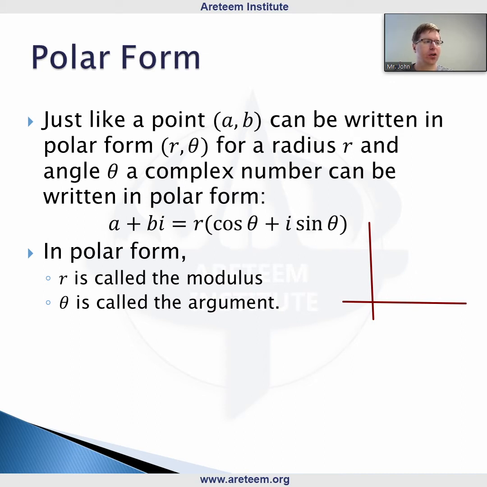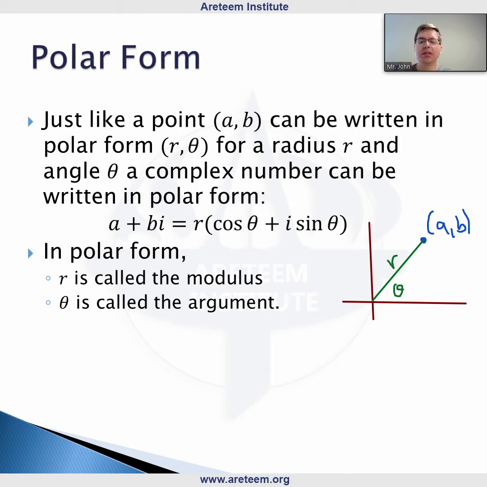If we have our normal point (a, b), this is no different than a polar form equation. We have this distance right here, our r, which in complex number terminology is our modulus, and θ here is our argument. It's the same way you would write a normal coordinate in polar form.